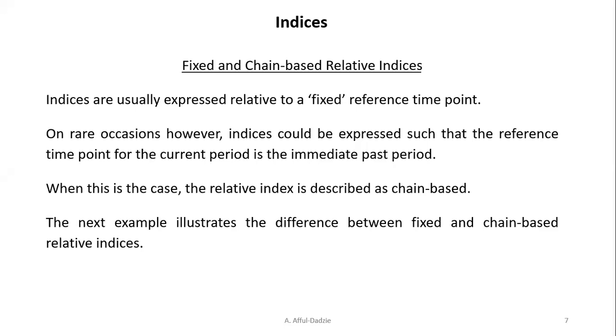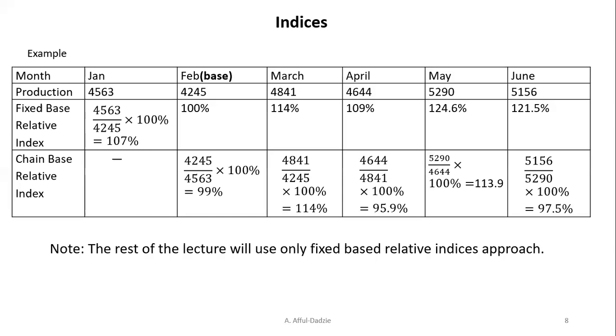So we want to look at whether there are instances where the base period could also be changed. And so we have something we call the fixed base, which you have already seen, and we also have the chain-based relative indices. The difference between the two is so clear.